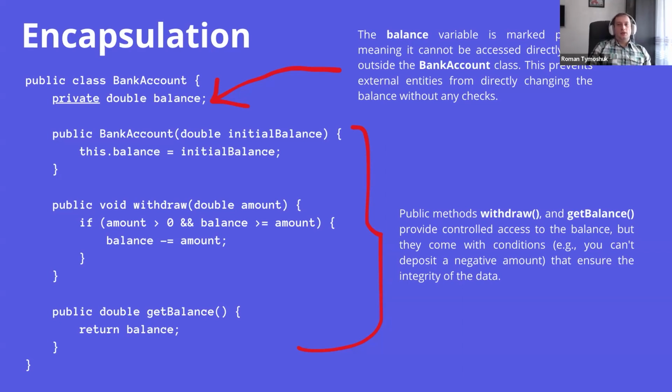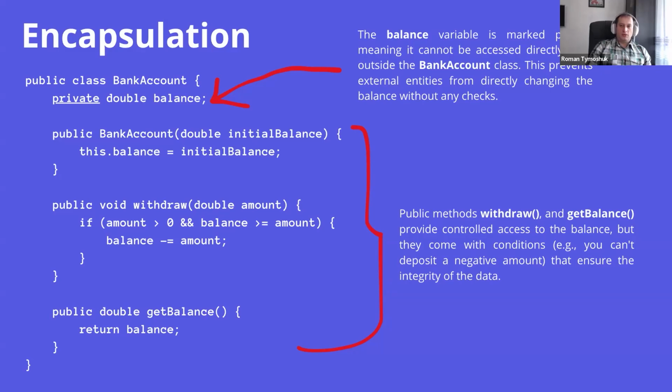And the method withdrawal says that actually we need to get the money, and it checks if the balance is not zero. If it's higher than zero, then we can get this amount and correct the overall balance of your bank account. The last method is getBalance. It provides your leftovers on the bank account. So these methods are public. So it provides a controlled access to your bank account balance.